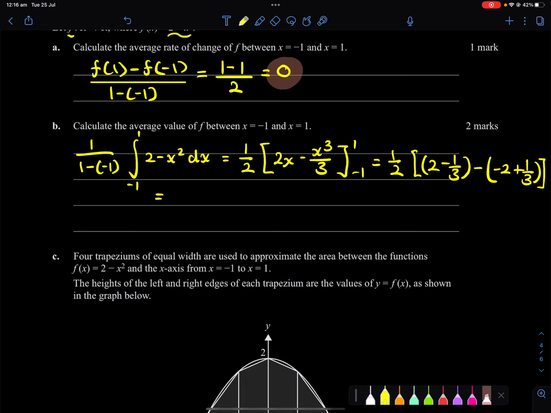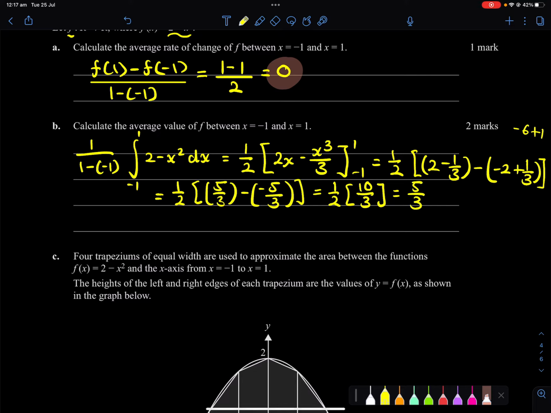Let's continue over here, so that'll be half of 5 on 3 minus, here would be -6 plus 1, so that's -5 over 3, which is equal to half of 10 over 3, which is equal to 5 over 3. Okay, that is your average value.